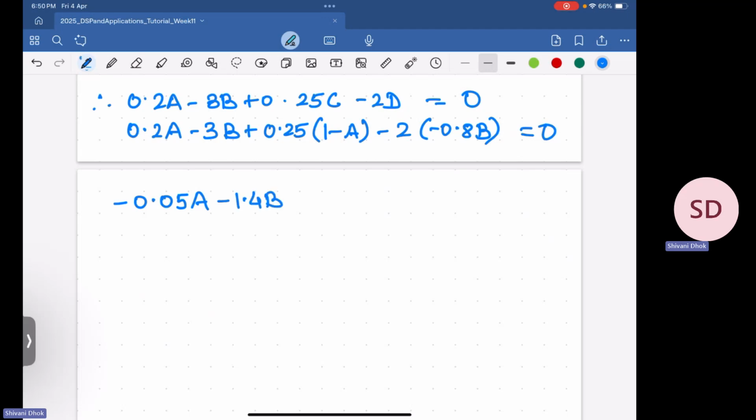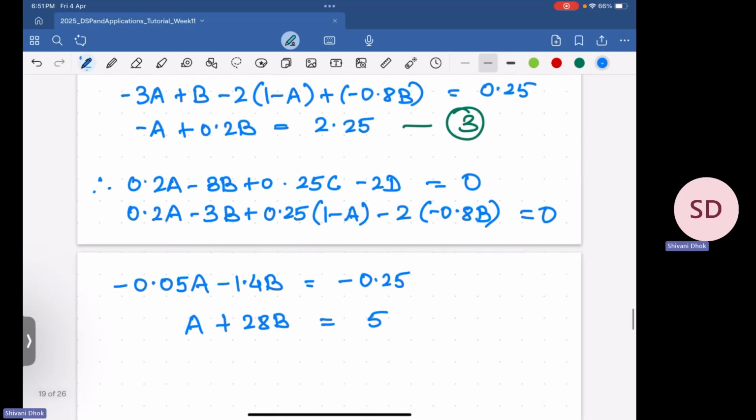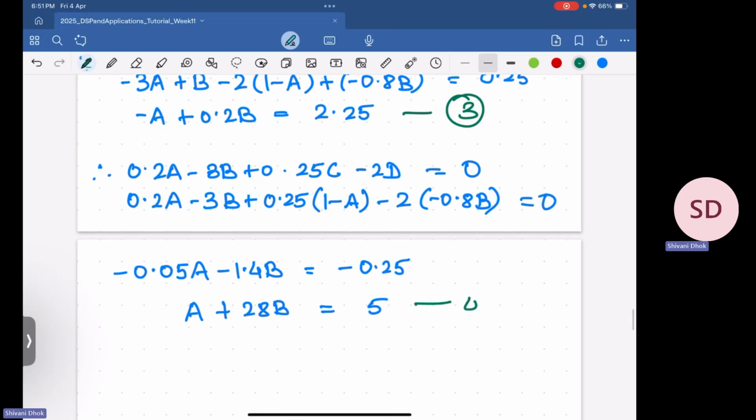And then we have a constant of 0.25 that we can shift to the right hand side, so that is equal to minus 0.25. Now if I divide both sides by minus 0.05, what I get is a plus 28b, which is equal to 5. So let me number this as equation 4.